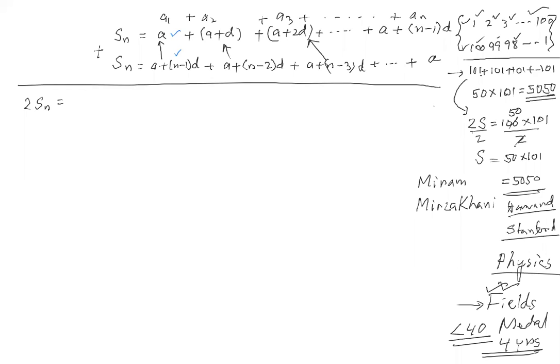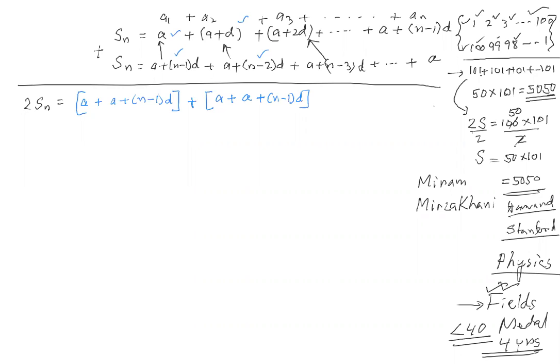If you add it and simplify, you're going to see this is A plus n minus 1 times D. That's the first one. Then you add this one and this one. If you simplify it, this becomes A plus n minus 1 times D.